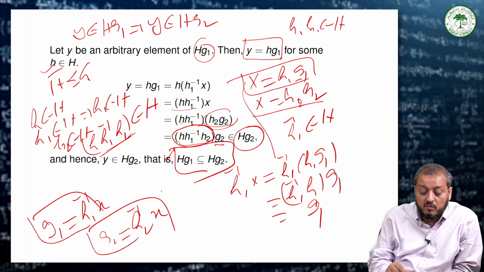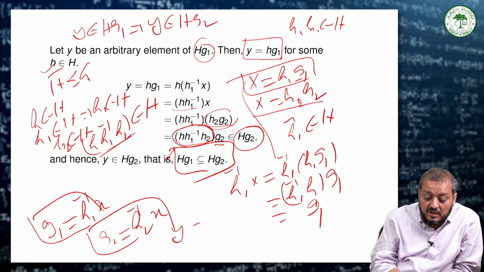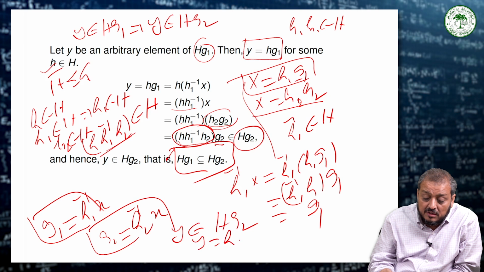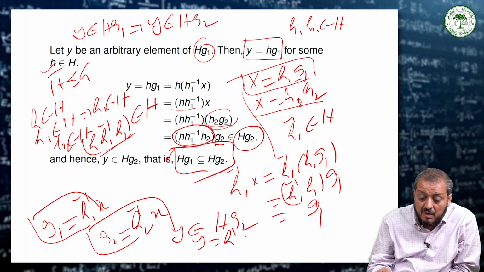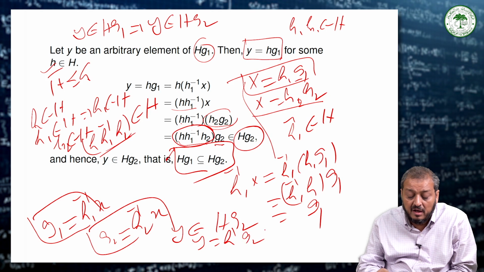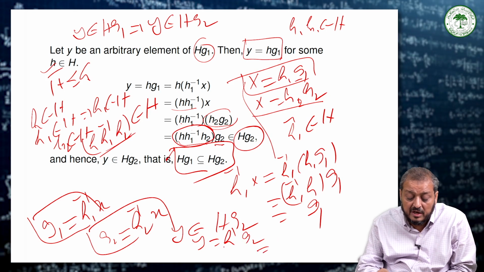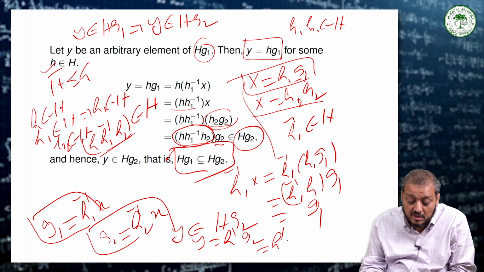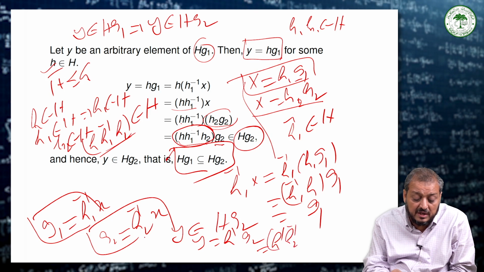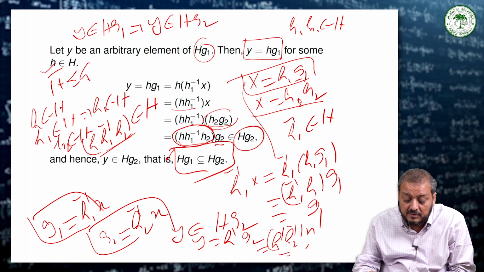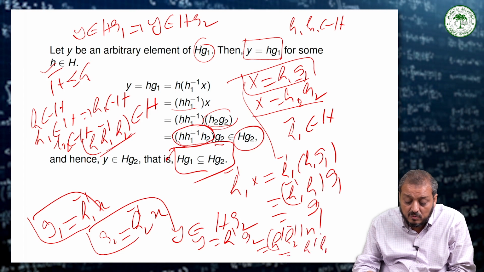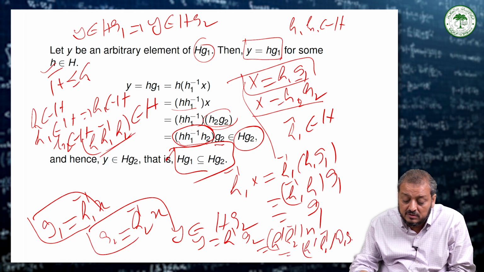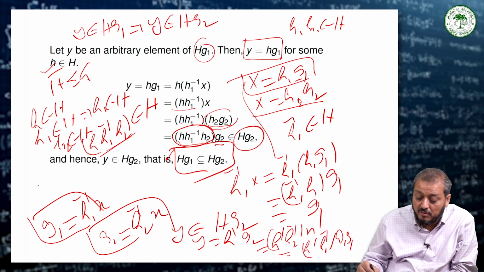Reversely, we take y as an element of Hg2, and then y can be written as some h prime g2. Then g2 can be written as h2 inverse x, and x can be written as h1g1, similarly to here.